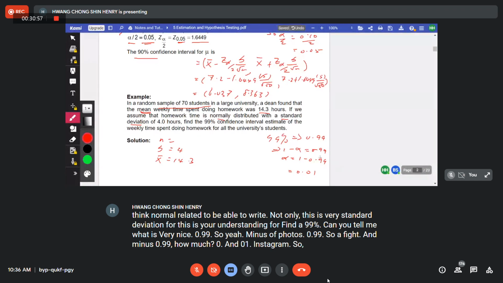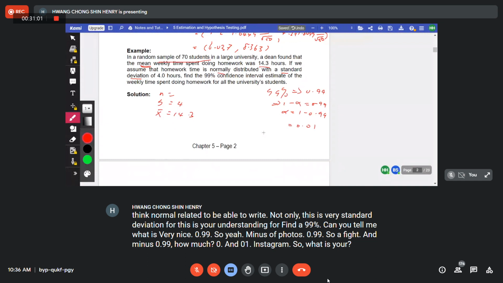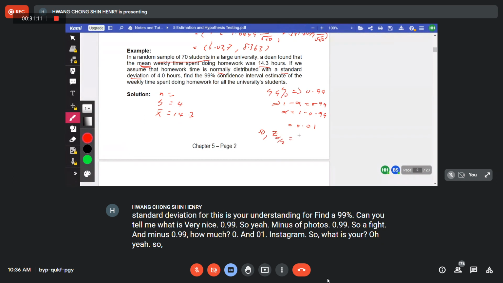So what is your alpha over 2? Everyone, for estimation, your Z score, I told you, right, got two sides. Your alpha must divide by 2. So Z 0.01 divided by 2 means Z 0.005. How many 0? 2 0.